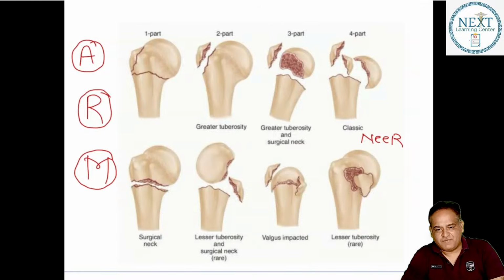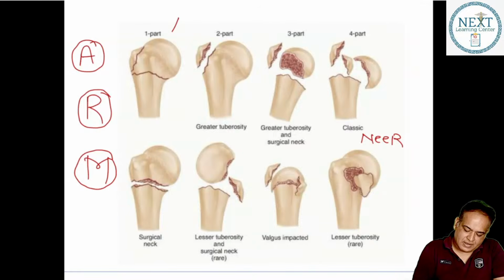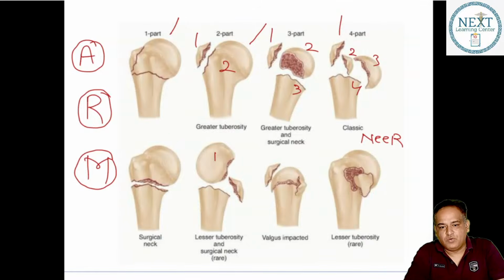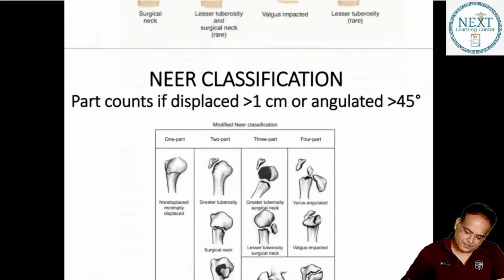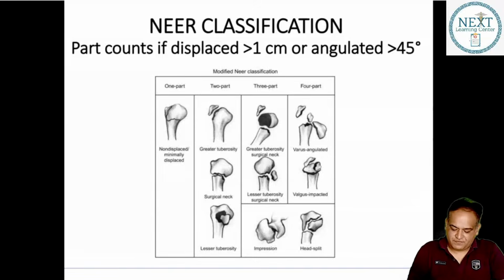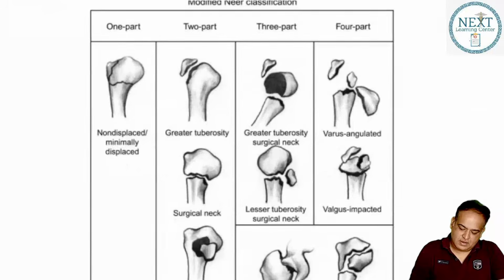So Neer classification: one part, two part, three part, and four part, right? Okay. So Neer classification, right? One part.